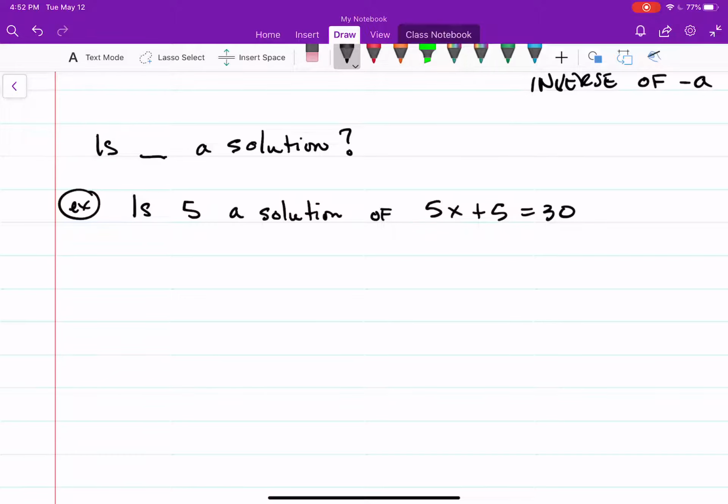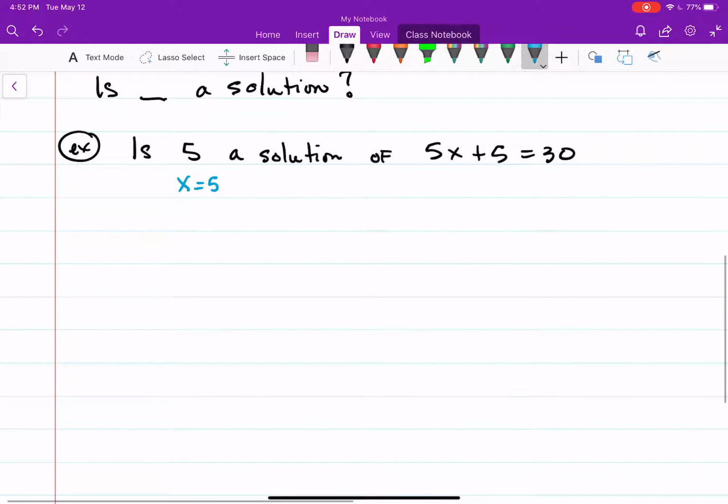Meaning, if I was to solve this equation right here, and this is an equation because there's an equal sign in it, would the x be 5? What I really want you to understand is that this 5 is really an x equals 5. That's what they're actually asking you. So what we would do is just basically replace the x with 5.